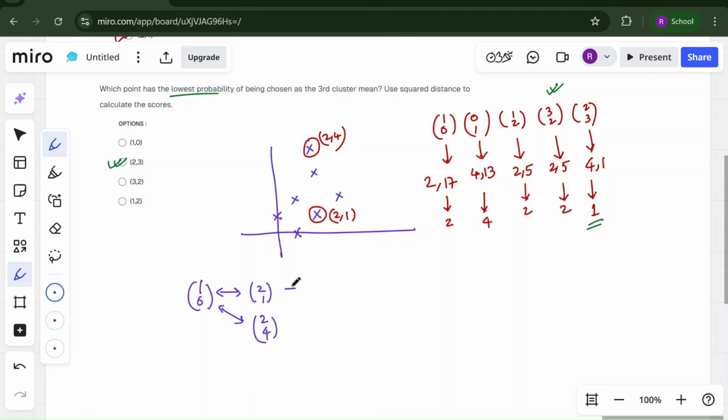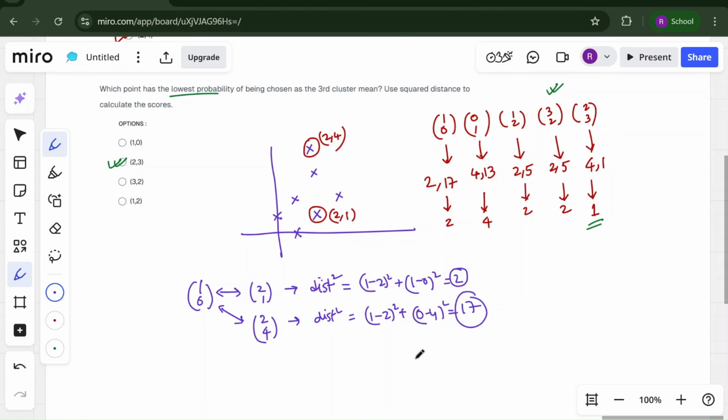The squared distance between 1, 0 and 2, 1 is 1 minus 2 whole square plus 1 minus 0 whole square, which is 2, right? And the squared distance to 2, 4 is 1 minus 2 whole square plus 0 minus 4 whole square, which is 17, right? This is how we computed 2 and 17 for the first data point. We did this for all the data points.